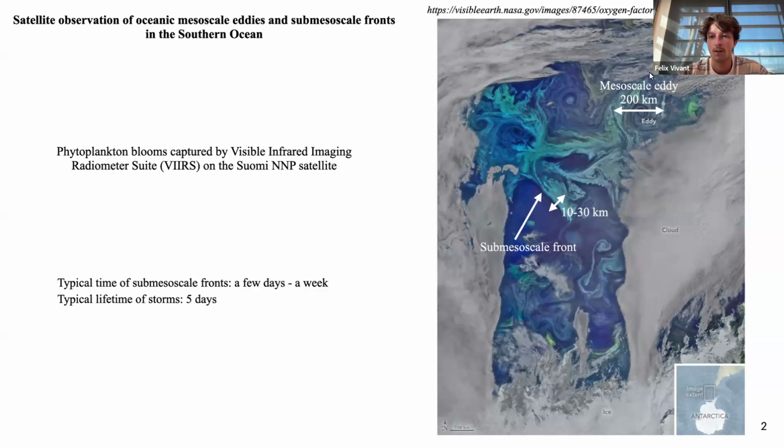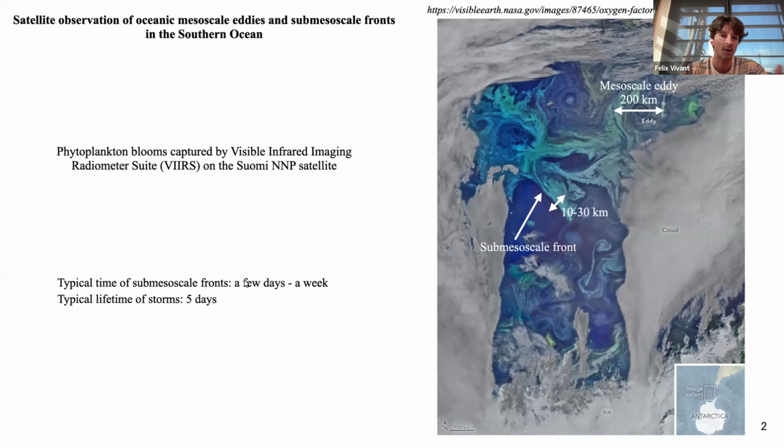Here mesoscale eddies of about 200 kilometers, but also finer scales such as submesoscale fronts with typical size of tens of kilometers. And these submesoscale fronts have a typical time of a few days or a week, which is the same time scale as the lifetime of storms.